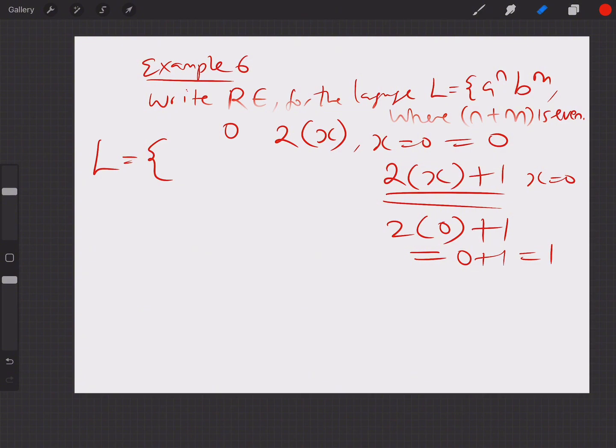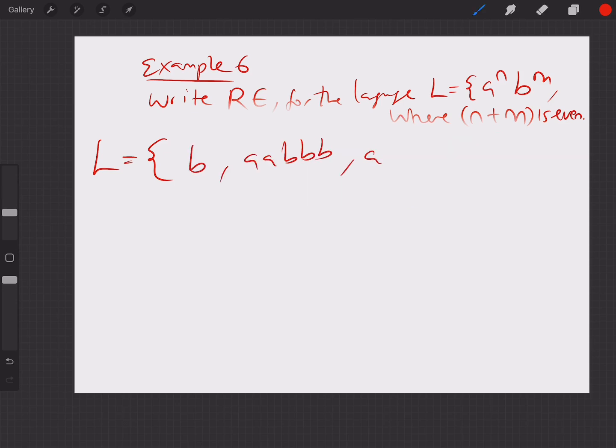So examples of strings that would be correct would be b, aa, bbb, aaaa, bbbbbb, and so on and so forth. So what does the regular expression look like?